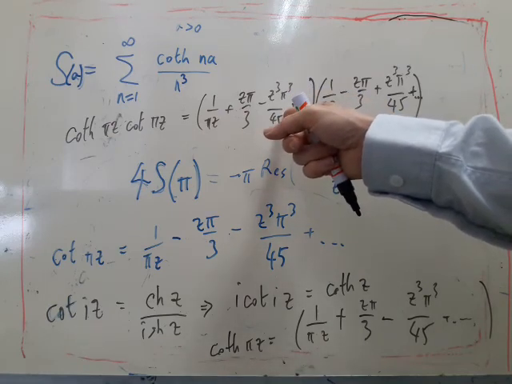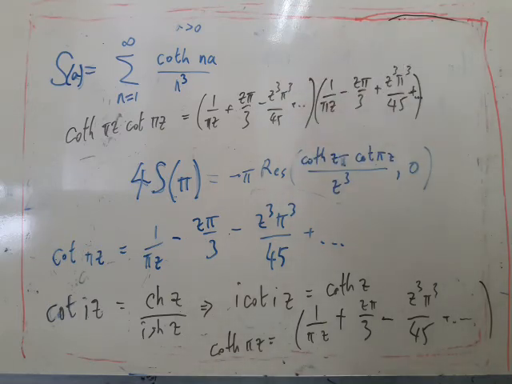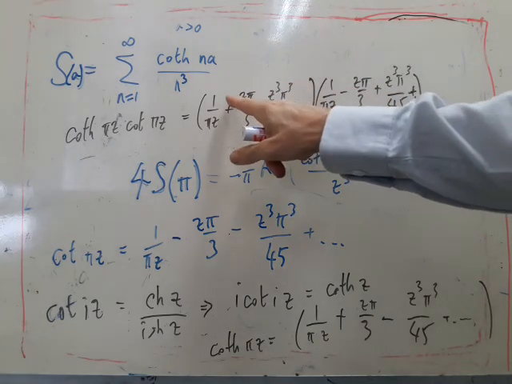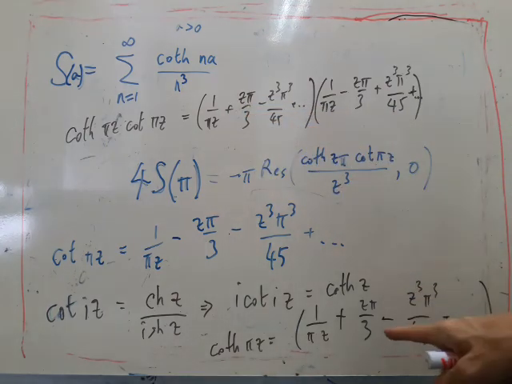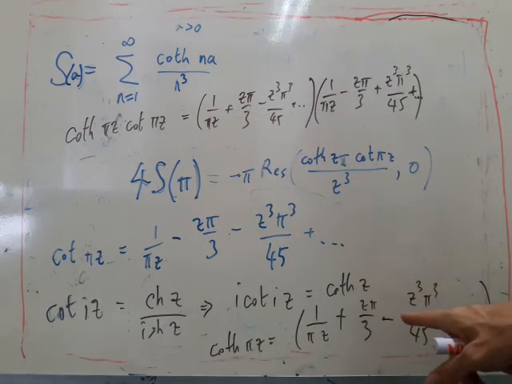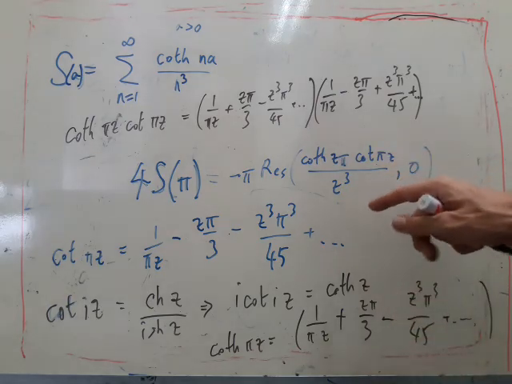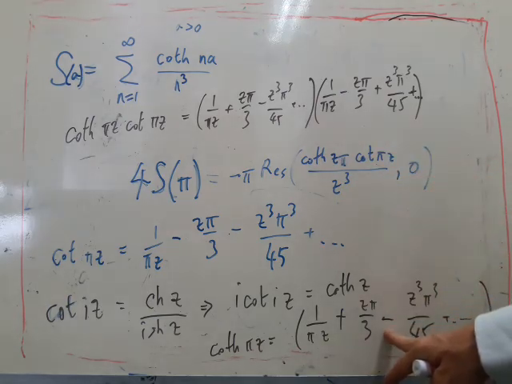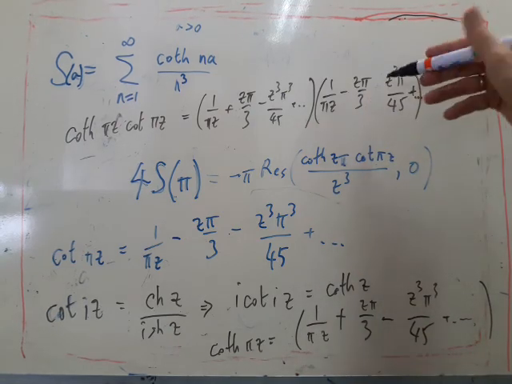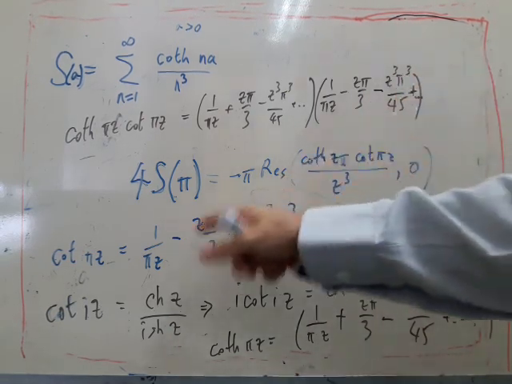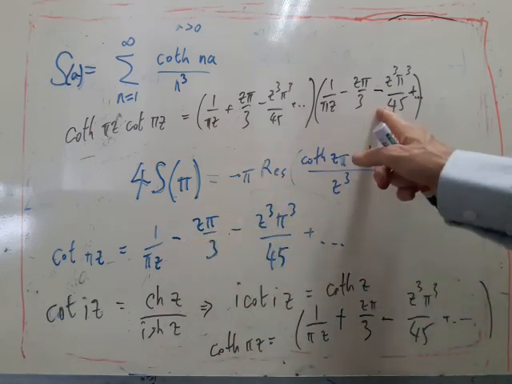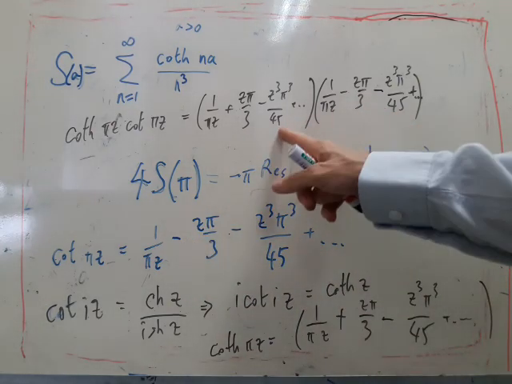So overall, that will give me, sorry, this should have been, this is minus. Sorry, this should be a minus as well. Okay, so this is the cot one. This is the cosh one.